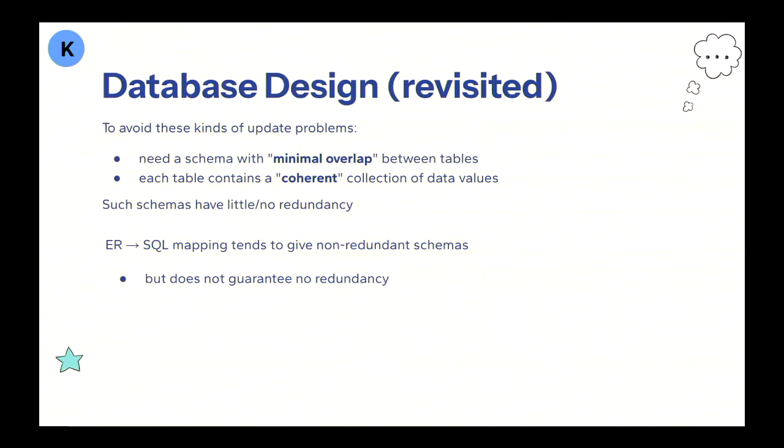So can you quickly think of one case for redundancies here, from the conversion of ER models to SQL? Can you think of one example which could give us redundancies when we do the conversion?